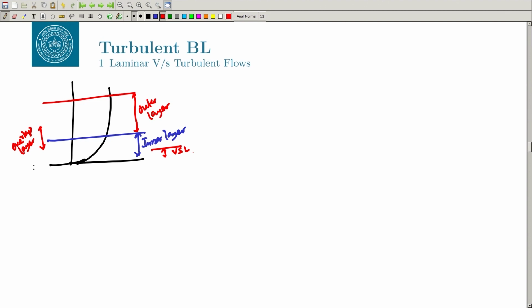So what I am plotting here is u bar, and this is your distance from the wall, you can call it y. If it becomes 1, that means it has gone to the free stream. So let us talk about the viscous sublayer.